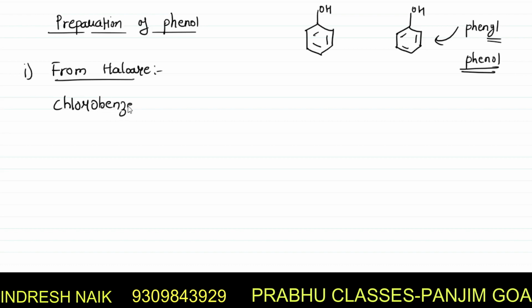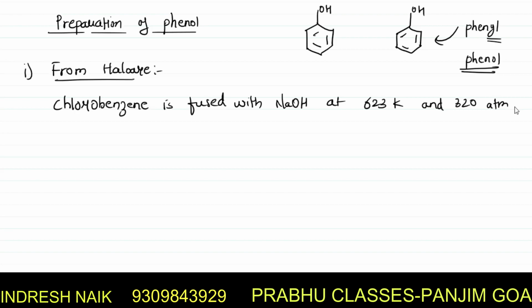Chlorobenzene is fused with NaOH, sodium hydroxide, at 623 Kelvin and 320 atmosphere pressure. So further, phenol is obtained.